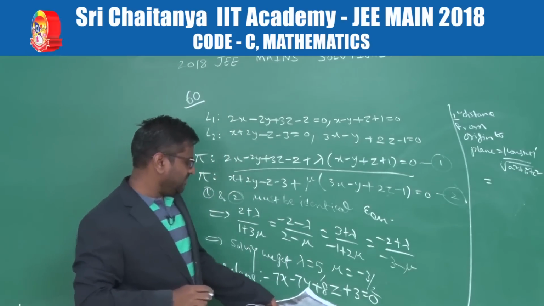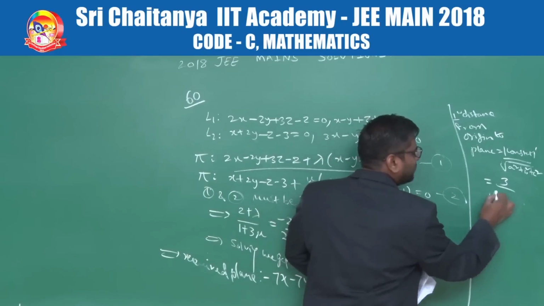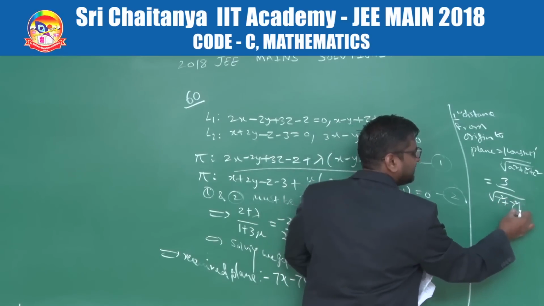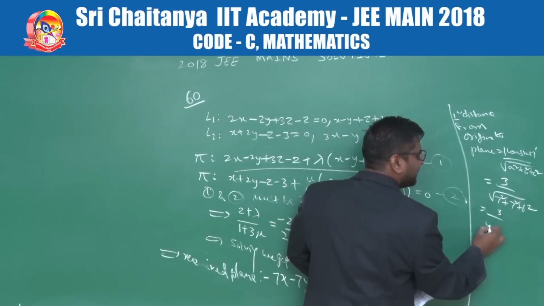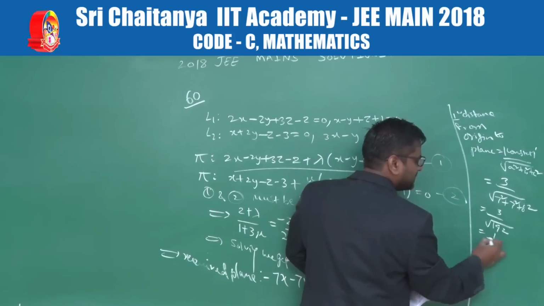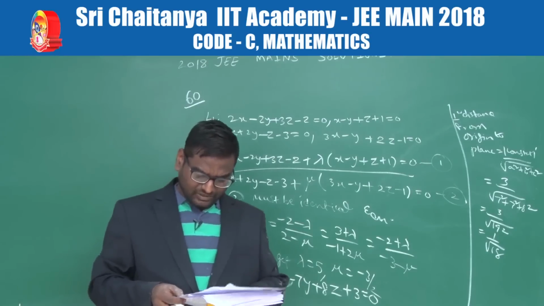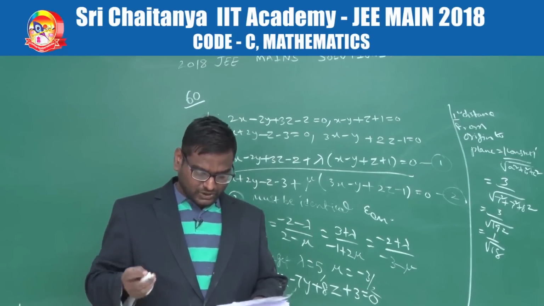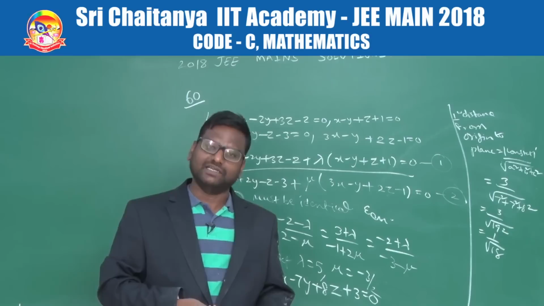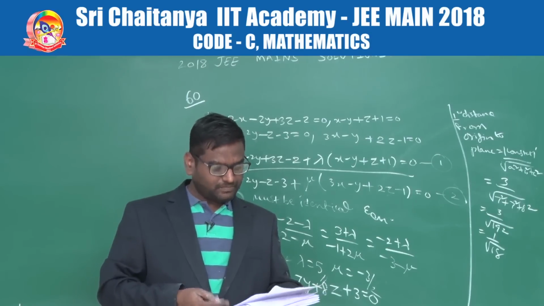So if you apply that, we get 3 divided by root over 7 square plus 7 square plus 8 square, that is 3 by root 162, which is 1 by root 18, right. That is 1 by 3 root 2 upon simplification. So we have that in option 1, right. So option 1 is correct.